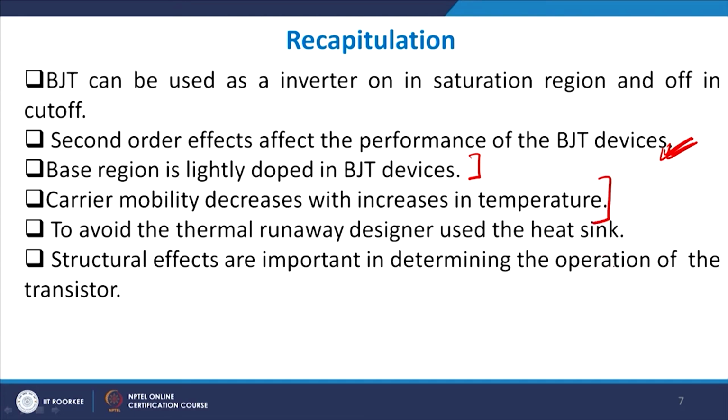As we discussed earlier, in order to remove thermal runaway, the designer has to use a heat sink, and proper heat sink design is an important one, and structural effects are important to determine the operation of the device, which primarily means what is the cross sectional area of the base emitter and base collector junction.